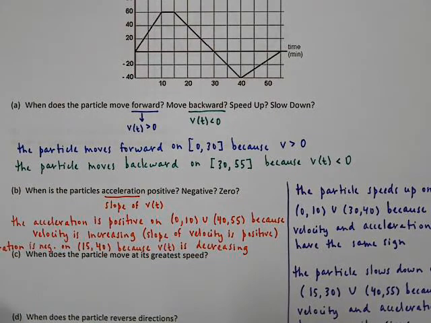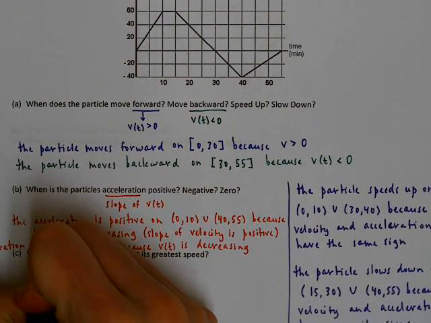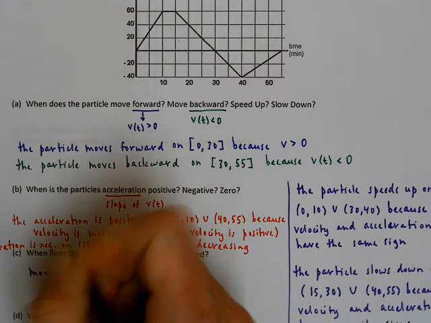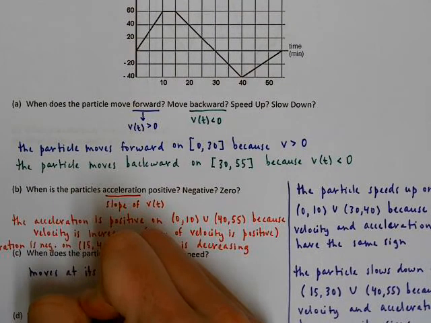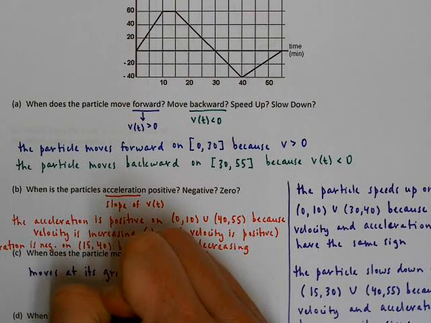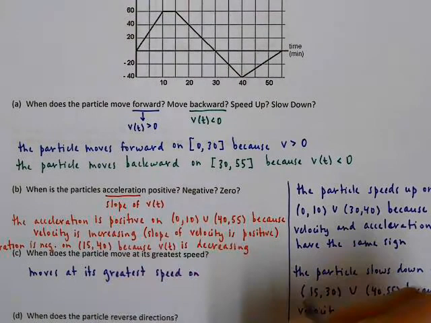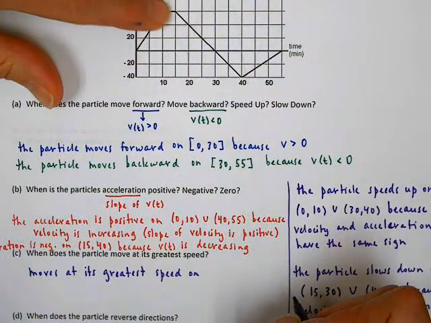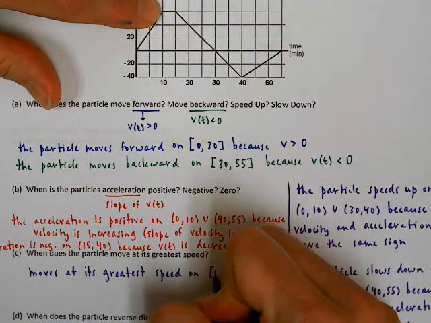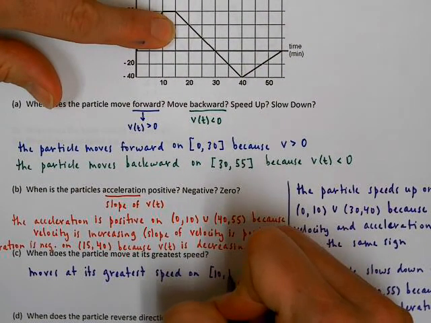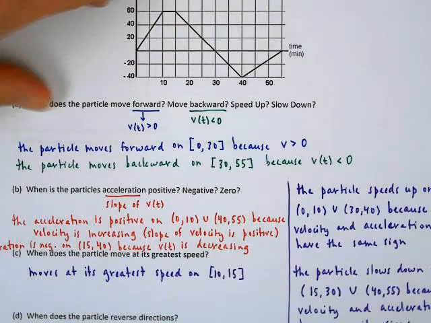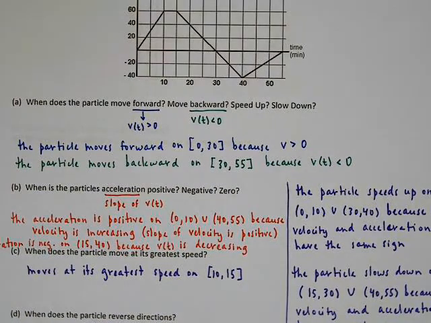So it moves at its greatest speed on the interval from here to here, so from 10 to 15. That's when the absolute value of velocity is the greatest.